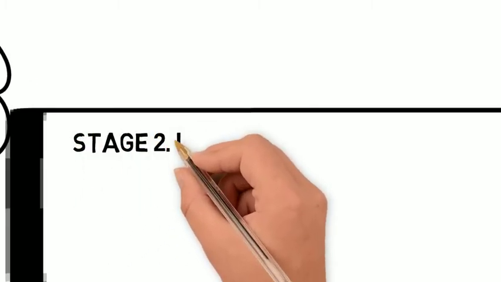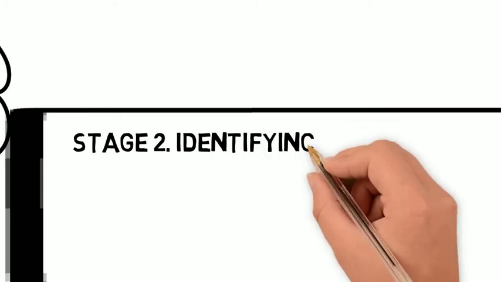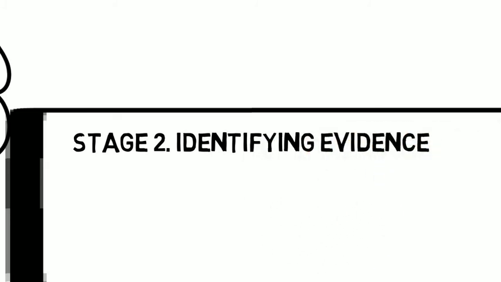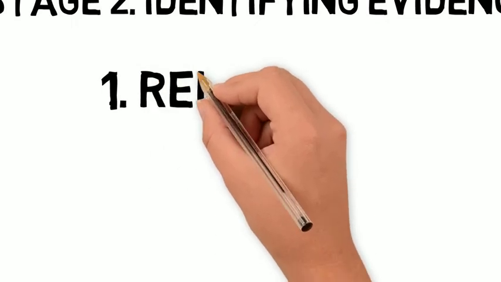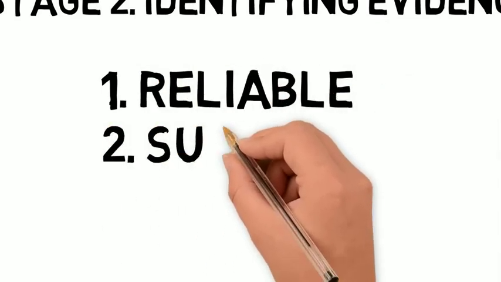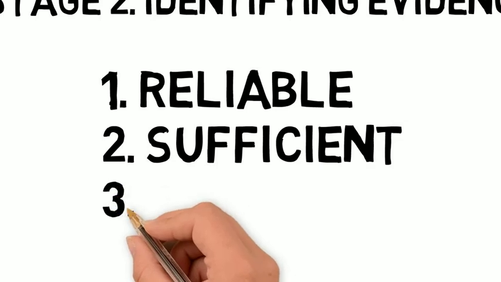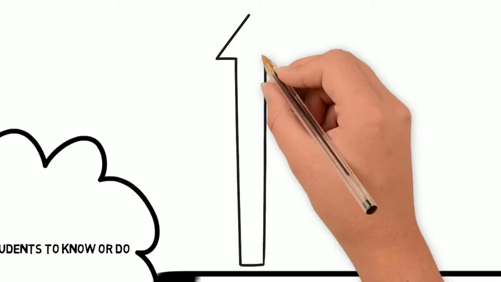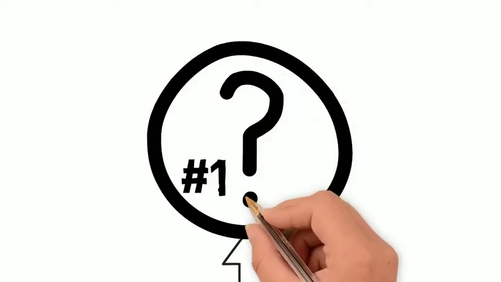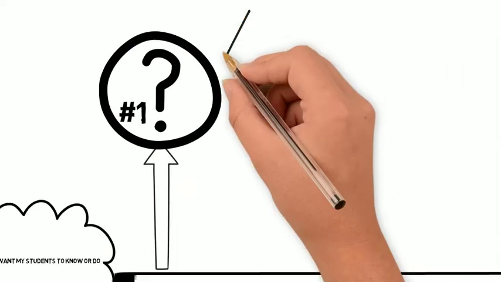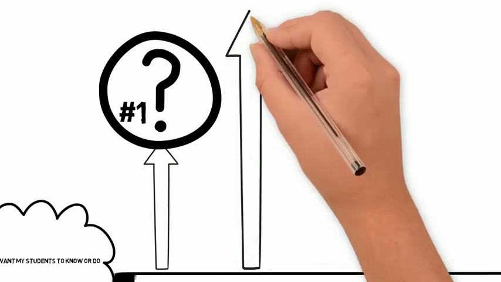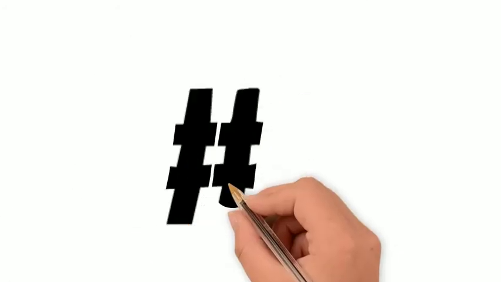Stage 2. Identifying evidence. This is where you determine what is acceptable evidence. Reliable, sufficient, and valid. We must ask 2 questions. Question number 1. What assessment tasks and other evidence will anchor our curricular unit and thus guide our instruction? Number 2.